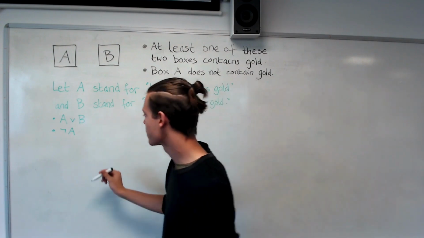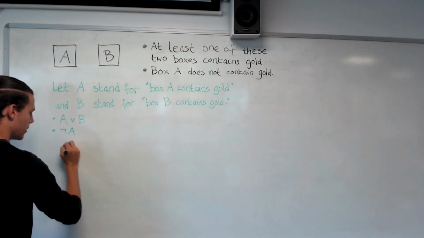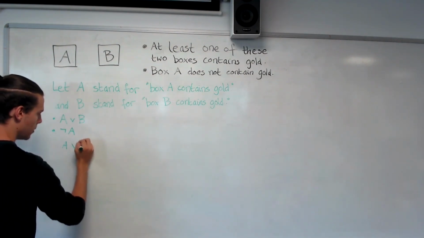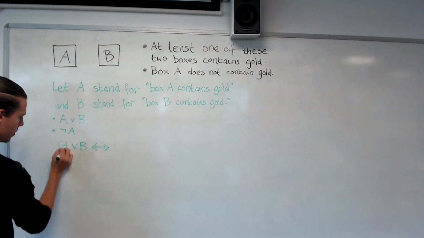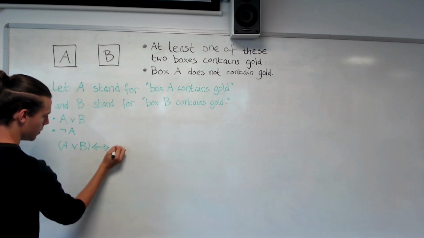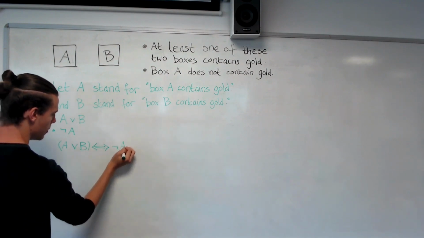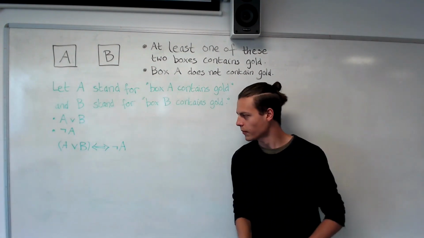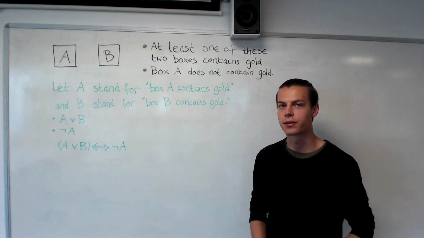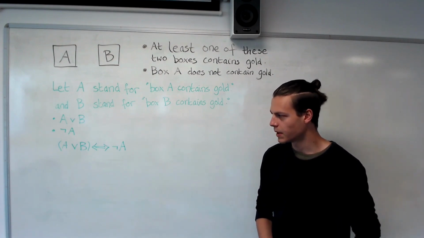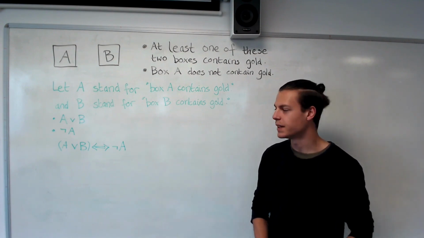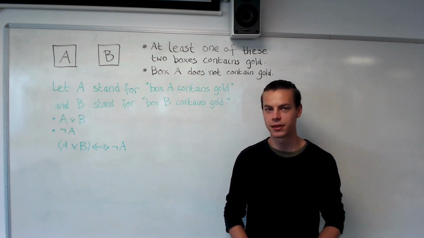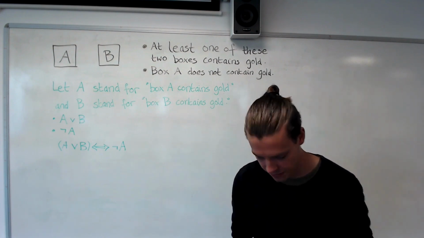In other words, this statement is true. Now we can build a truth table for this statement to see when it is true and when it is false. Okay, so let's do that.